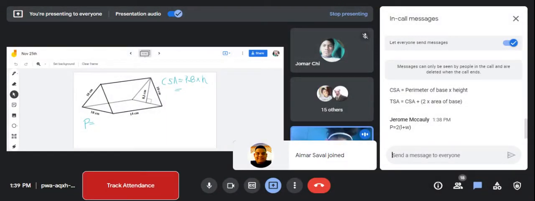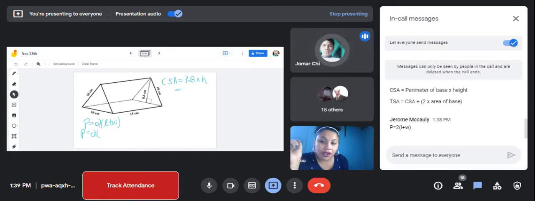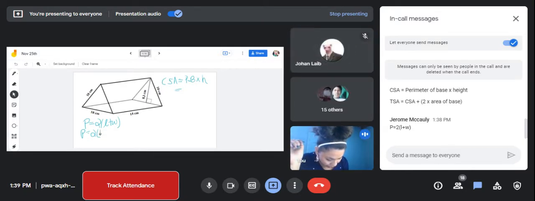Okay, very good, Jerome. I see it in the chat. 2 times length plus width. What is the length? 14. Very good. And what is the width? 10. Very good.